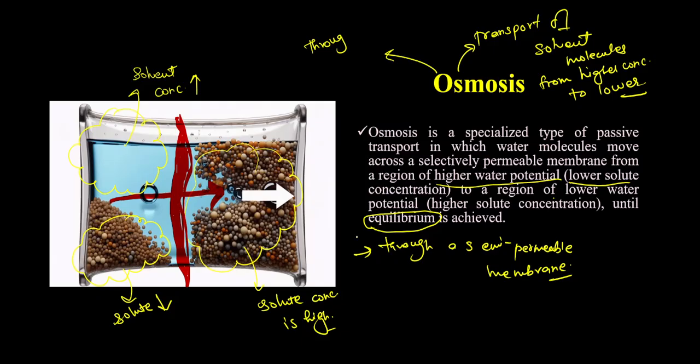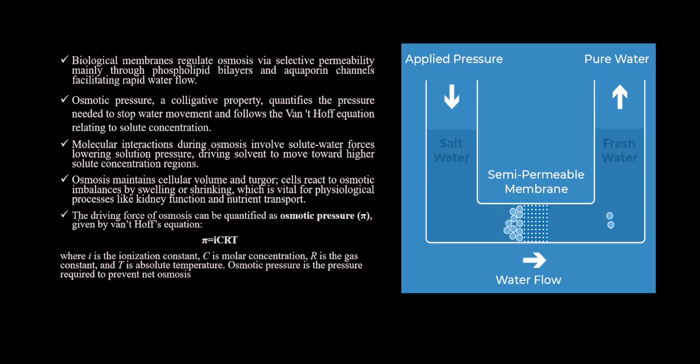Once equilibrium is achieved on both sides, no transport of molecules will be carried out. This is an image of reverse osmosis, where the movement of solvent is taking place through the semi-permeable membrane from a region of higher solute concentration toward the low solute concentration.